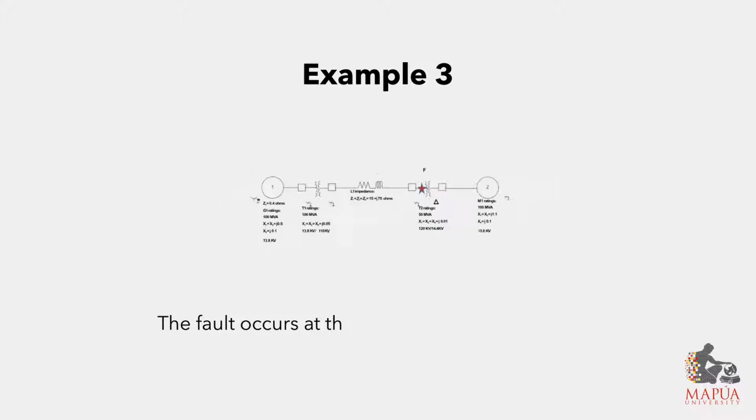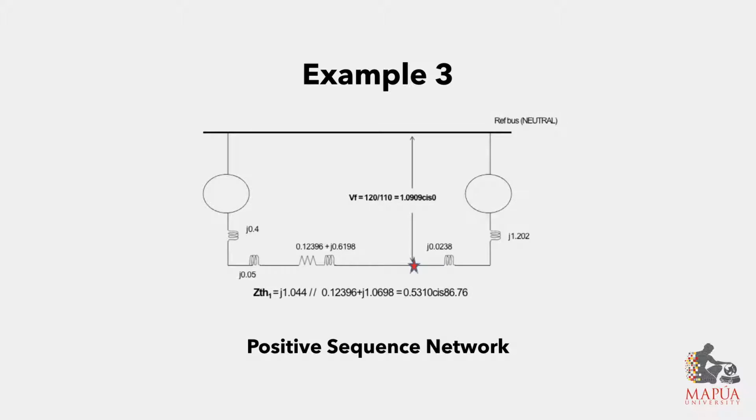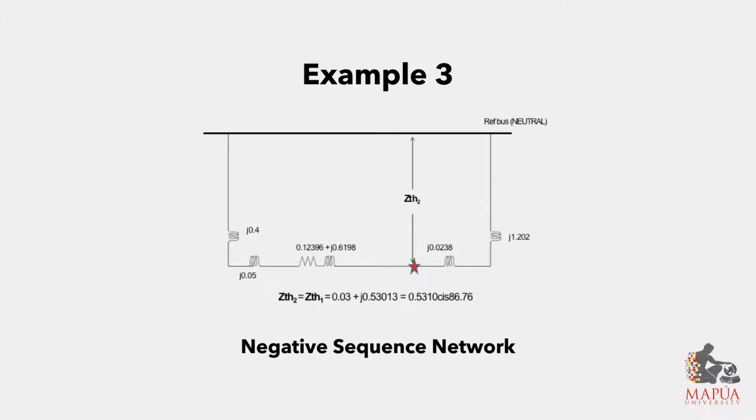We have built the positive sequence network, and this gives us the value of the Thevenin equivalent impedance for the positive sequence network, measured between the fault point and the reference bus. And for the negative sequence network, this gives us the value of the Thevenin impedance, say Z_TH2, with respect to the fault point and the reference bus.